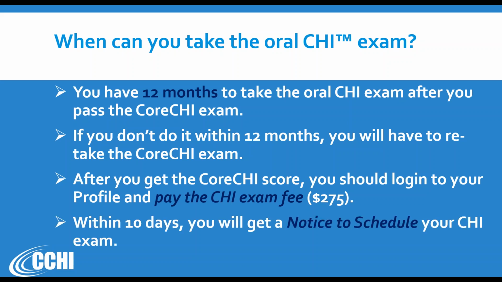And then within 10 days of payment, you will get your notice to schedule the exam, which looks exactly like the notice to schedule for the core CCHI exam, except the exam name will be Certified Healthcare Interpreter, and in brackets there will be CHIS, CHIA, CHIM, where S, A, and M stand for Spanish, Arabic, and Mandarin. These are the abbreviations that the test center will have in their computer system, and that's why we included them in brackets in the notice to schedule.